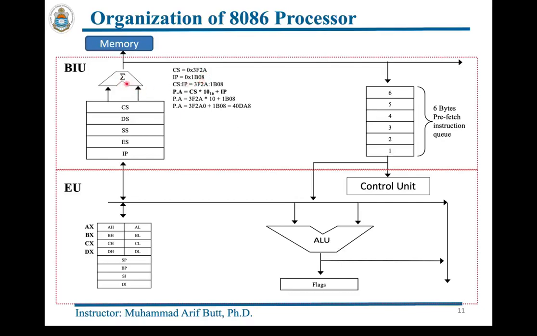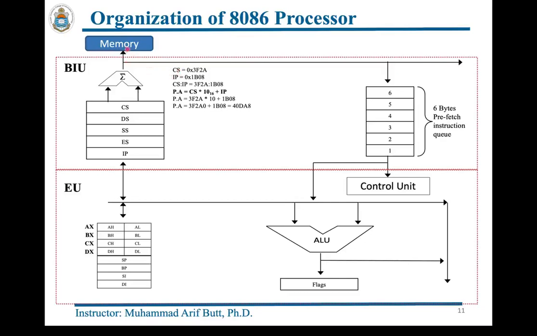This adder unit inside the BIU will add the two values of the code segment register and the IP register given to it, and will generate the 20-bit physical address of the memory to fetch an instruction.